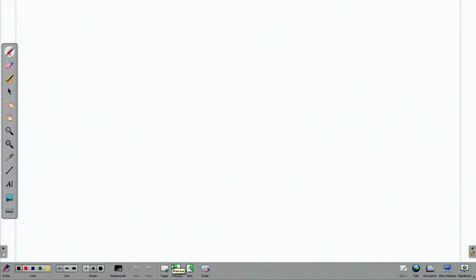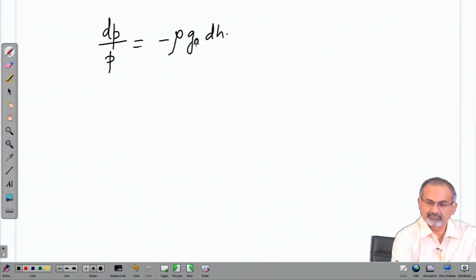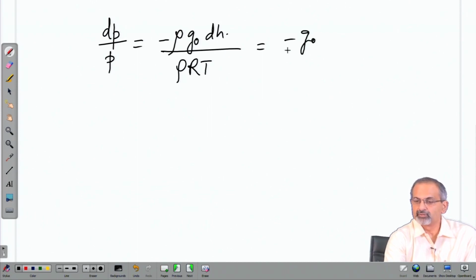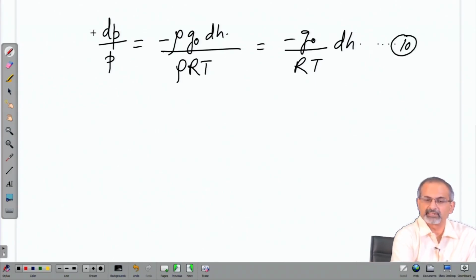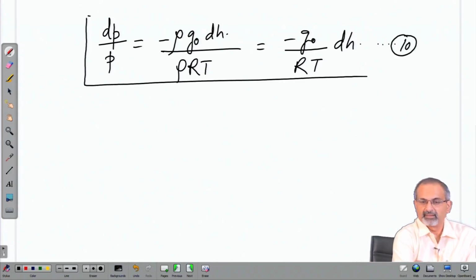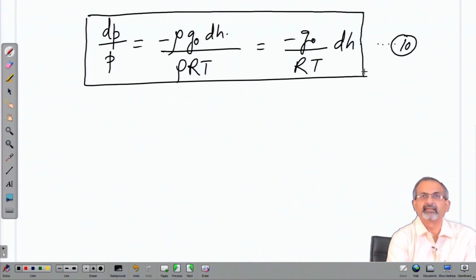When we divide equation 6 by equation 9, we will get a relation like this. So, equation of state once invoked gives us an equation like this, which we will call equation 10.